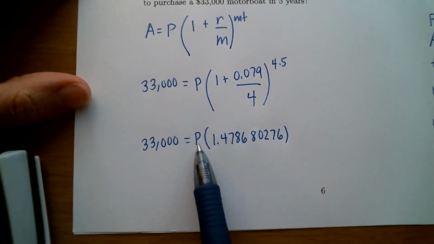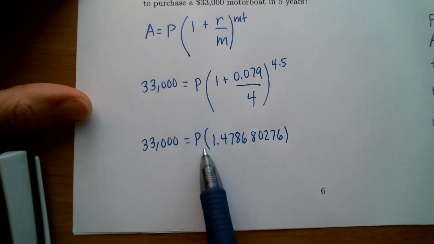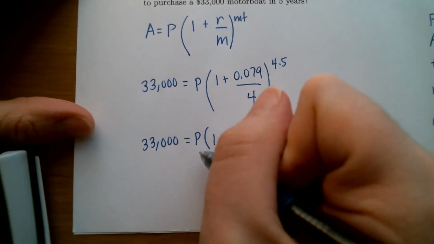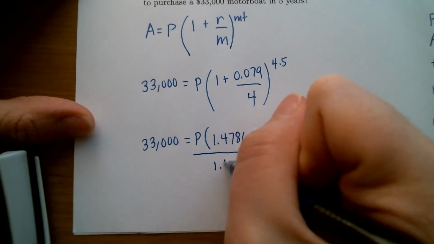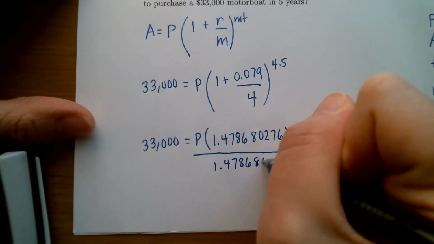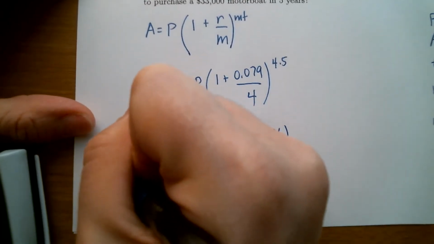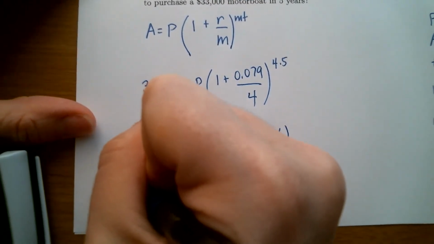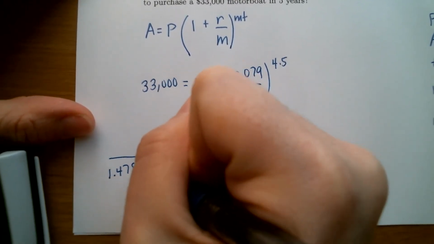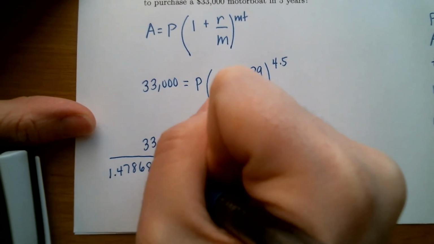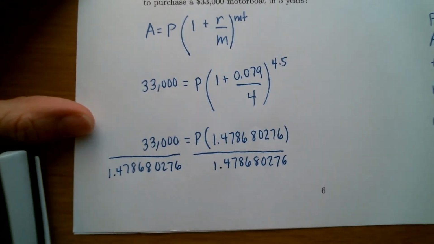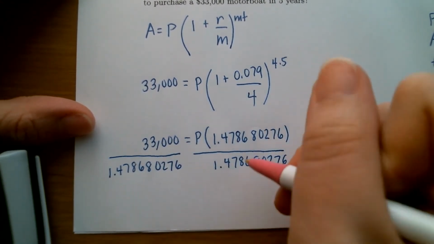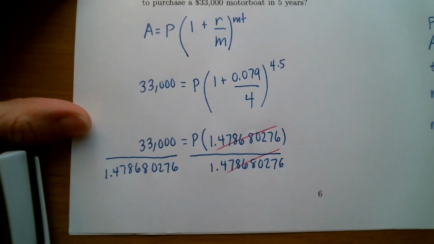Since P is multiplied by that number, to undo that, you're going to divide both sides by this number. Whatever you do to one side, you have to do to the other. Then on the right side, these will cancel and leave you with P.